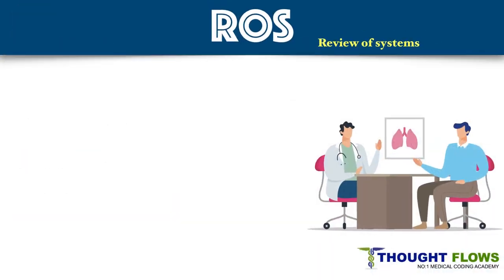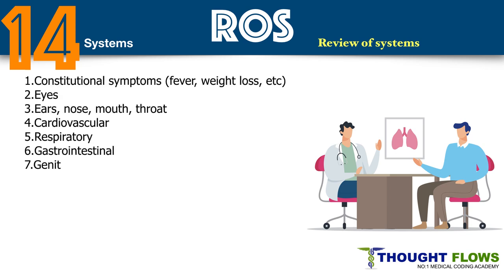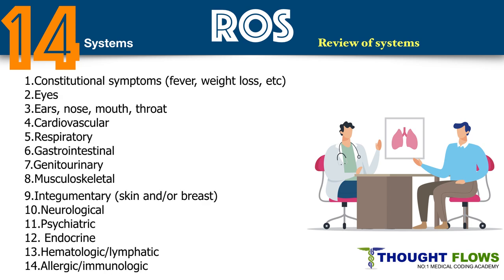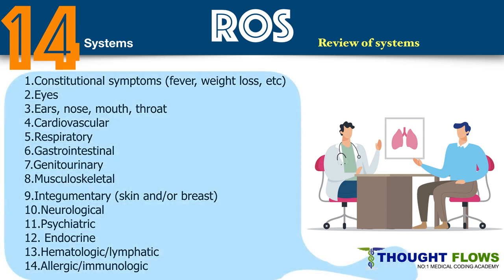Now moving to ROS, which is nothing but review of systems. The review of systems is an account of body systems obtained through a series of questions based upon the patient's perspective. It includes 14 body systems which are constitutional, eyes, ENT, cardiovascular, respiratory, gastrointestinal, genitourinary, musculoskeletal, integumentary, neurological, psychiatric, endocrine, hematology and allergy.